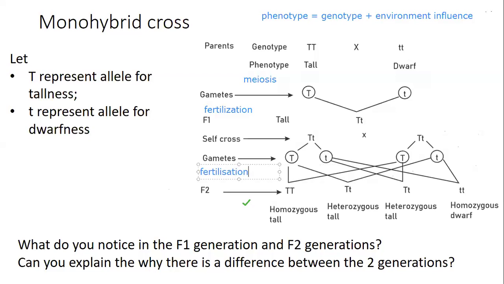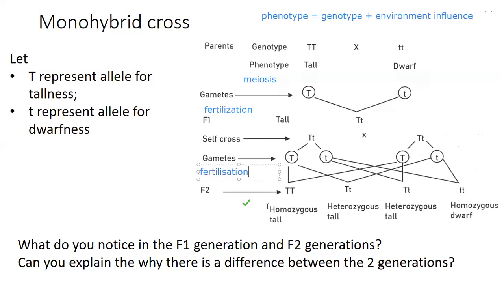Notice that this one fuses with this to form capital T, capital T. If this one instead fused with this, then we have capital T, small t. What about this one? If it fused with this, we get capital T, small t. But if it fused with the other, we get small t, small t.